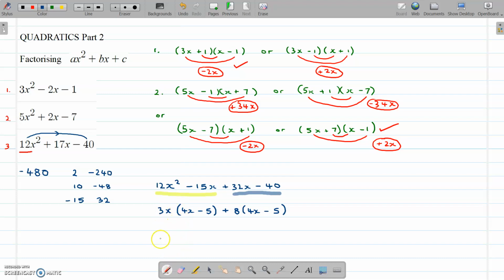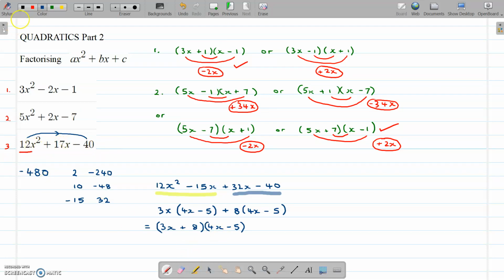What we do now is simply combine the 2 leftover bits to make the other factor. So that is equal to 3x plus 8 multiplied by the other factor, which is 4x minus 5.